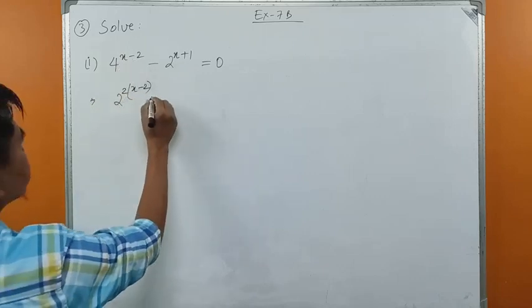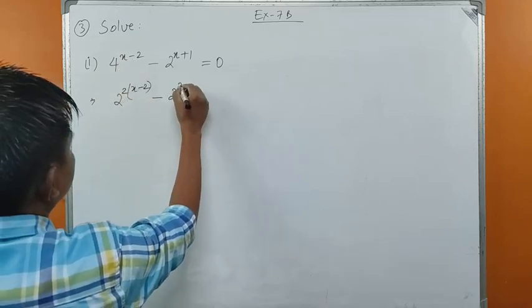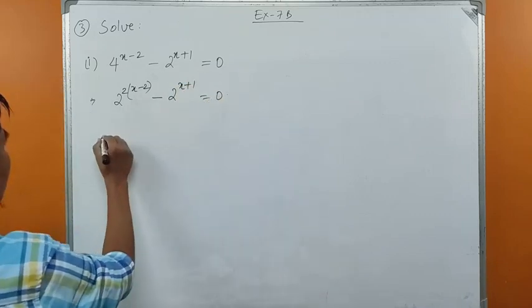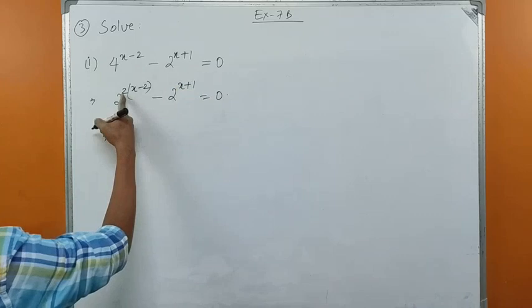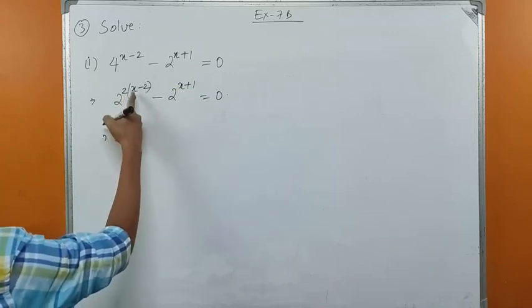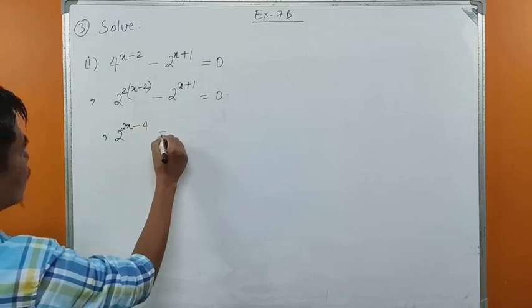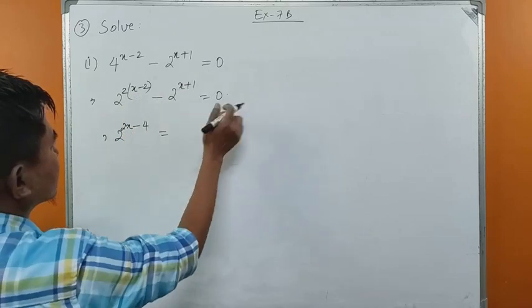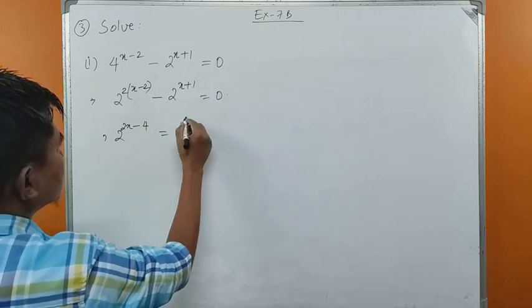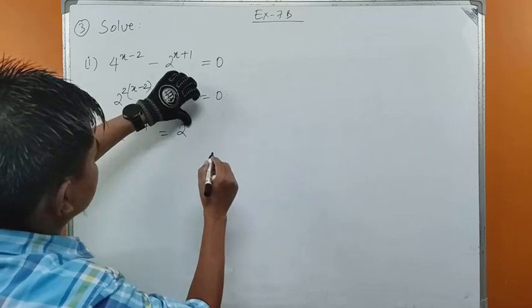So we put x minus 2 into 2, minus 2 to the power x plus 1 equals 0, or 2 into x is 2x minus 2 to the 4 equals to, we take this number to the right hand side.